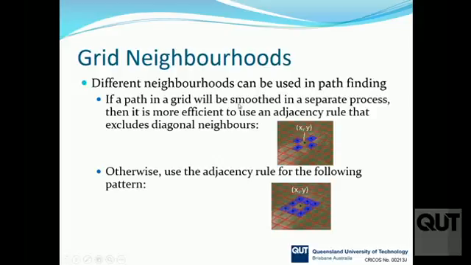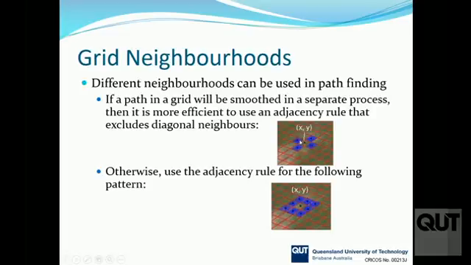as stated here, if we're using a grid and we're after a path, and once we've got this path we might put some smoothing on it, then we don't need a lot of detail in the shape of that pathway. So, for example, what we mean by our neighbourhood might simply be those that are directly adjacent to a particular node.